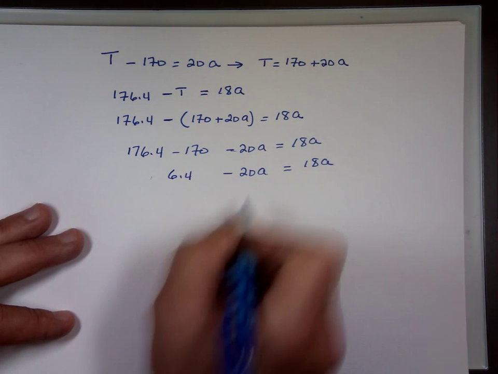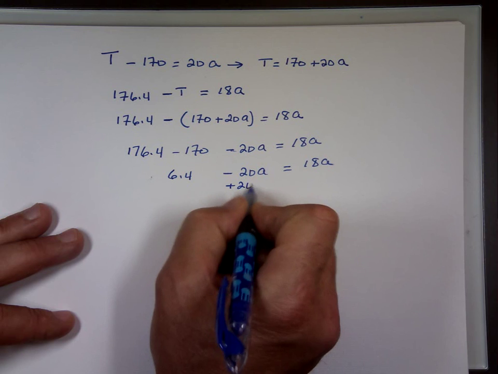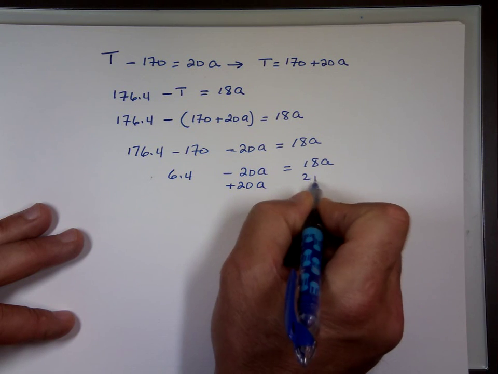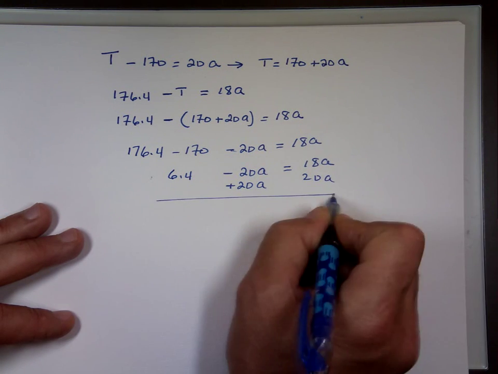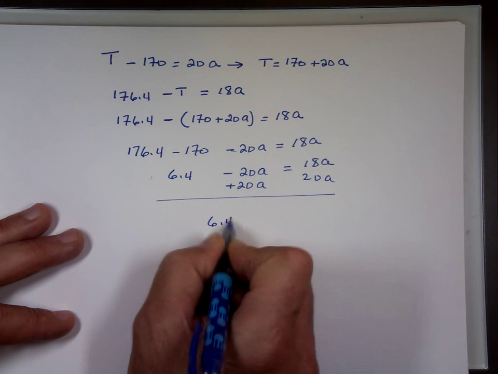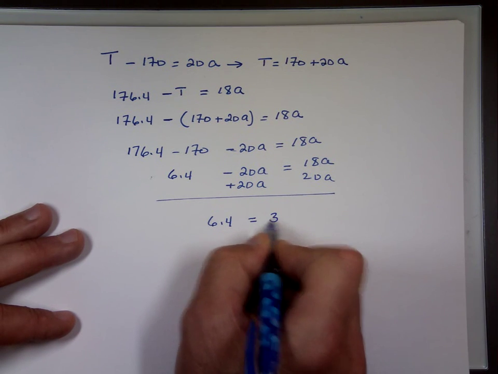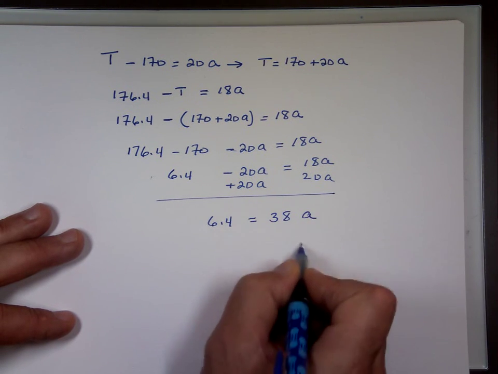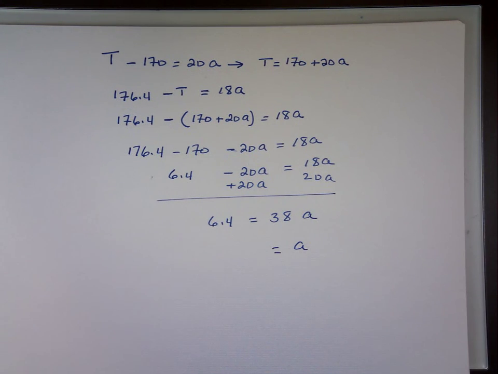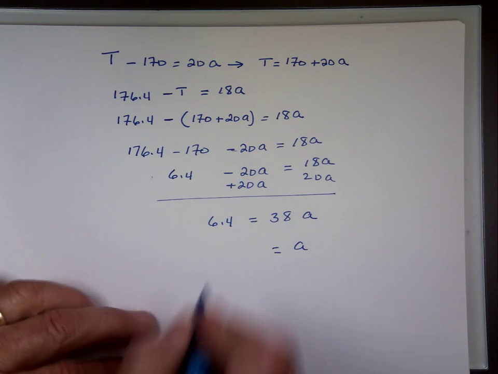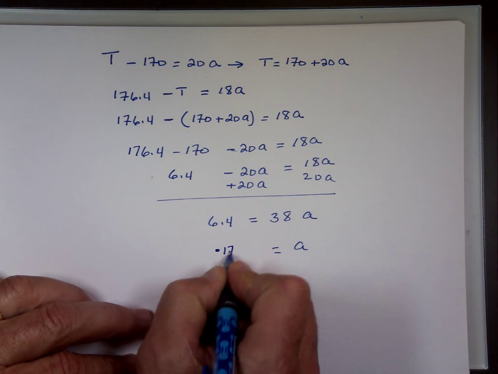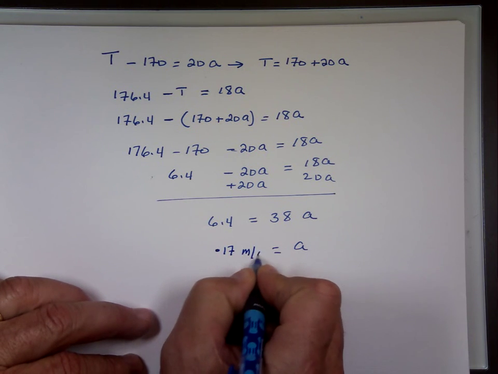Add 20a to both sides. What's a equal to? 6.4 divided by 38.17.